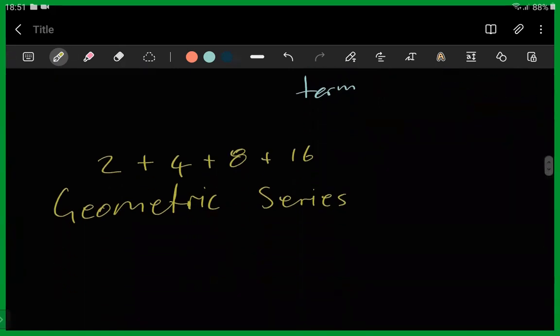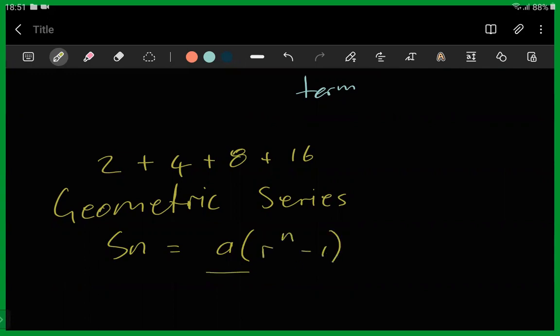With a geometric series, we already know that Sn will be equal to a times r to the power of n minus 1, the whole thing over r minus 1.